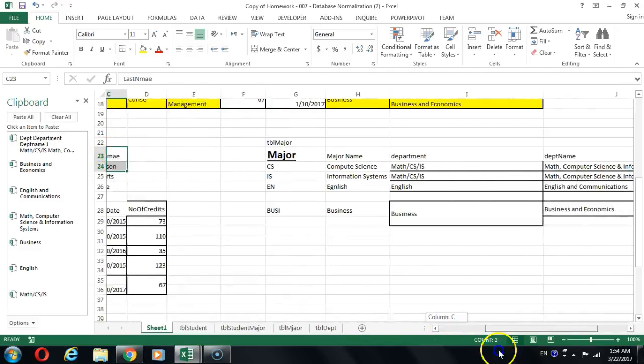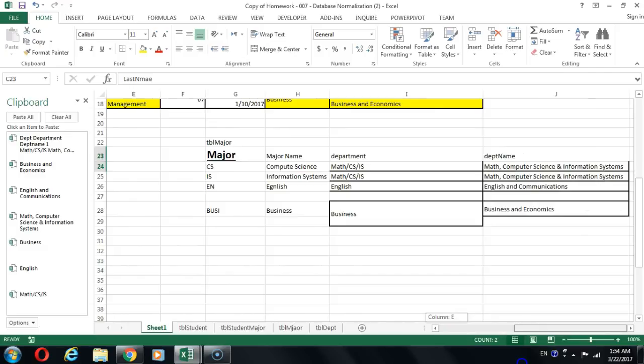If we take a look at this one here, this is where we're going to get into evaluation of the major name. As you notice here, we're talking about transitive dependency, meaning a non-key is dependent on another non-key. Major name is dependent on the major. That's great. And department is dependent on the major. That's fine.